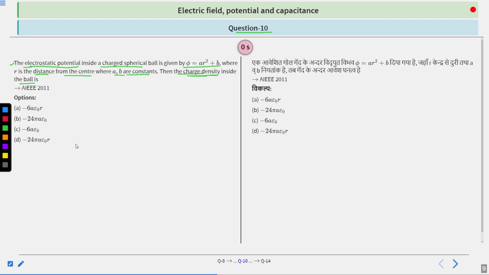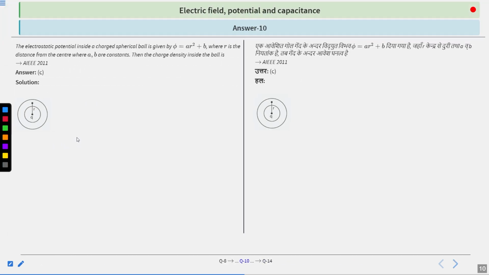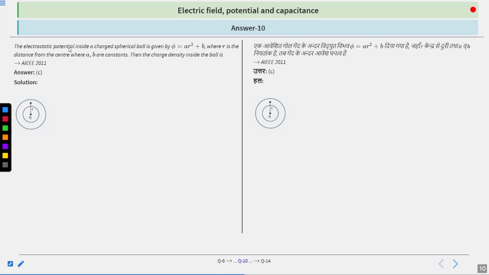Let's find the solution. So here the question talked about the electrostatic potential inside a charged spherical ball. That electrostatic potential is given by phi is equal to Ar square plus B. Clear?